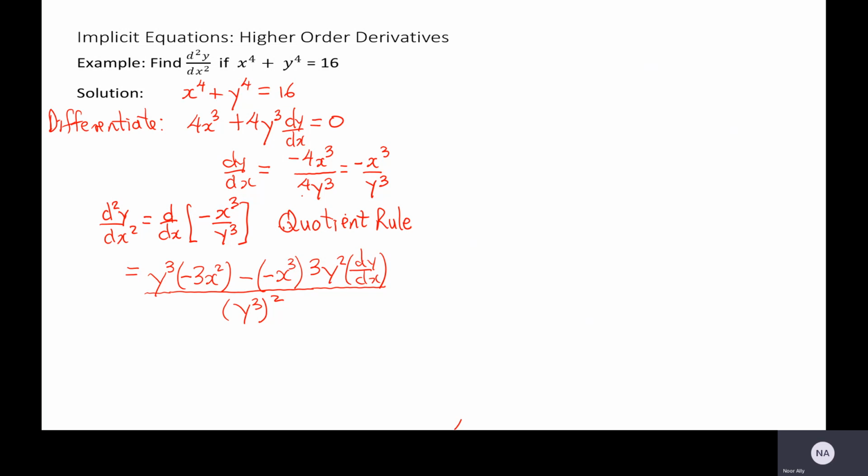Now we need to simplify. However, notice that dy dx, we have actually worked it out. So I'm going to do that substitution. Let's simplify wherever we can. The numerator, I can multiply 3x squared y cubed.